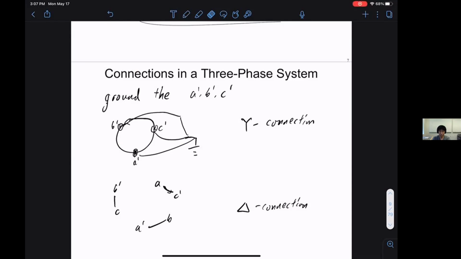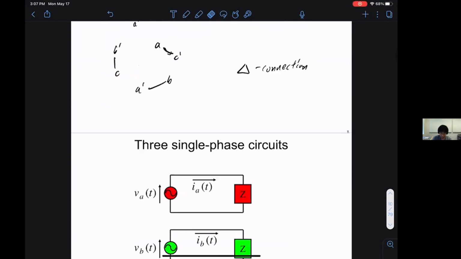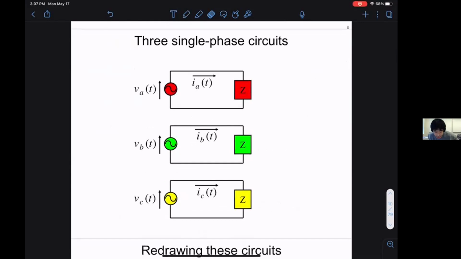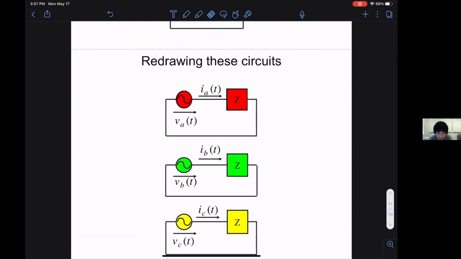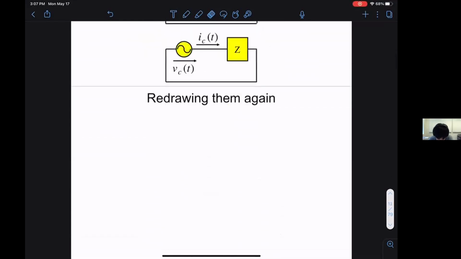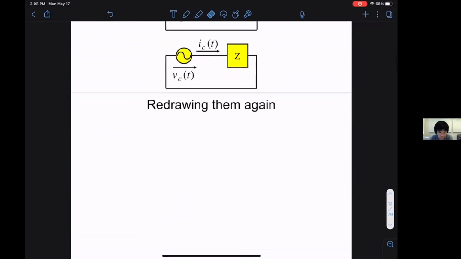The easier of the two to work out is the delta connection. Sorry, the Y connection. So let's look at the Y connection. The Y connection comes from the fact that you have three single-phase circuits. We can draw them this way, and we can redraw them by connecting the return paths closer to each other.